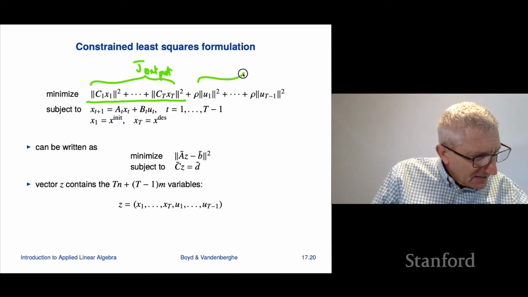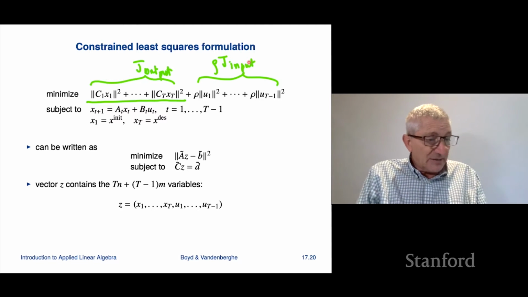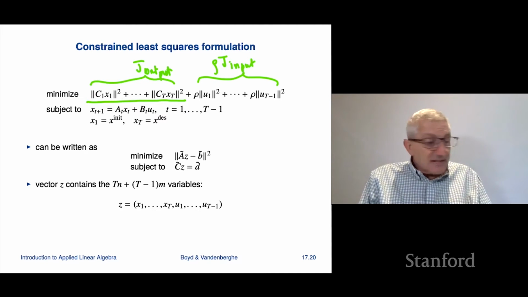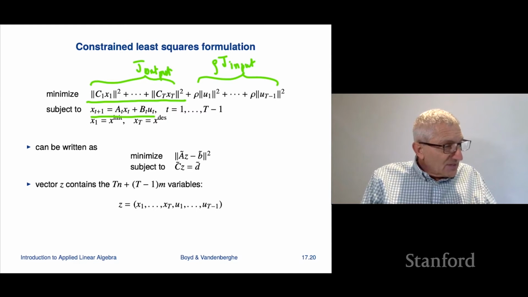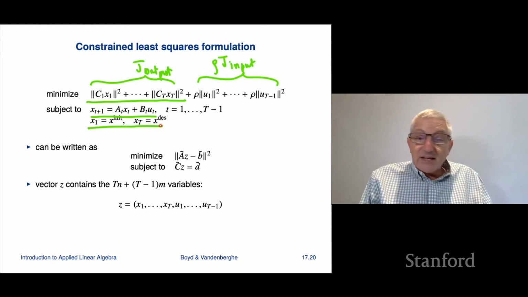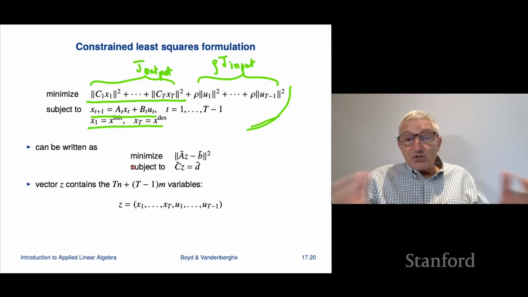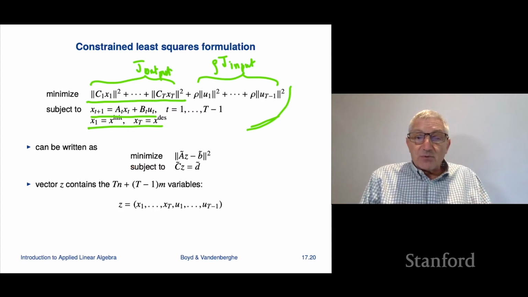And this thing here is rho times J input. And then we have the dynamics equations, and then we have the initial and final state constraints. Now, this whole thing, this big complicated problem, it looks very complicated, can be written as just a constrained least squares problem, period.